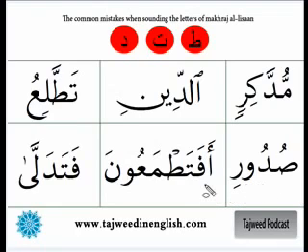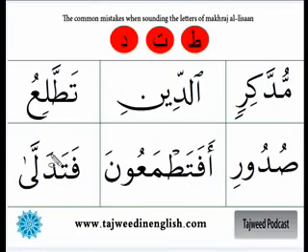The other example is أفتطمعون. Of course, there is a ta here, and the ta and the ta are from the same makhraj. But this one is full mouth, using the itbaq, using the sides and the middle part of the tongue. Say, afatatma'un.